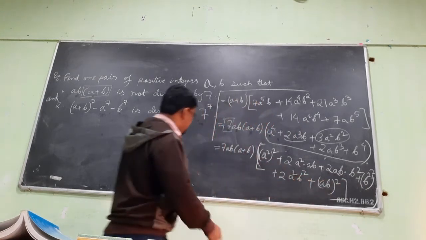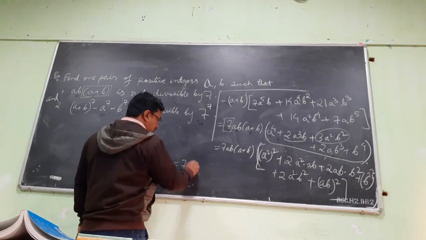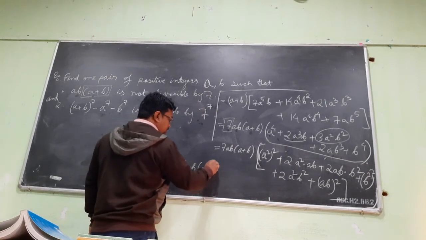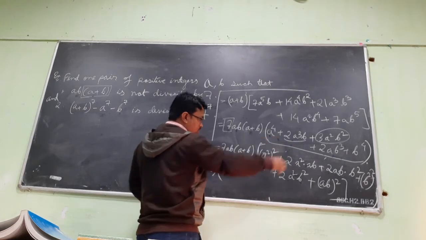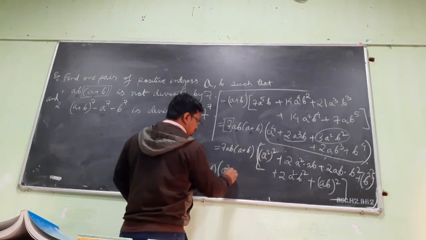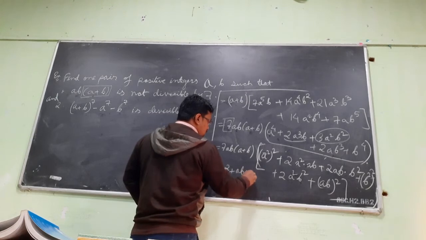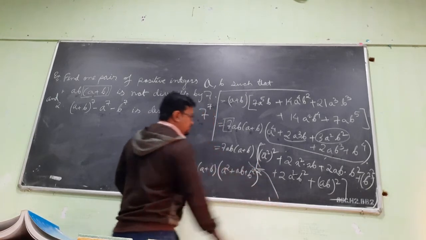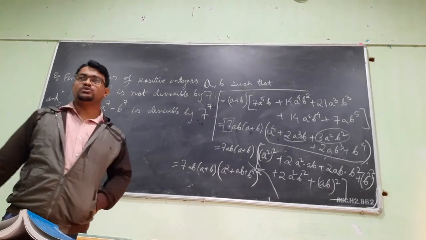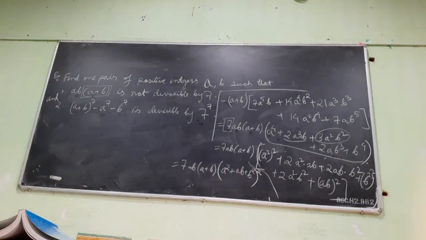This is the a plus b plus c whole square formula: a square plus ab plus b square, whole thing squared.